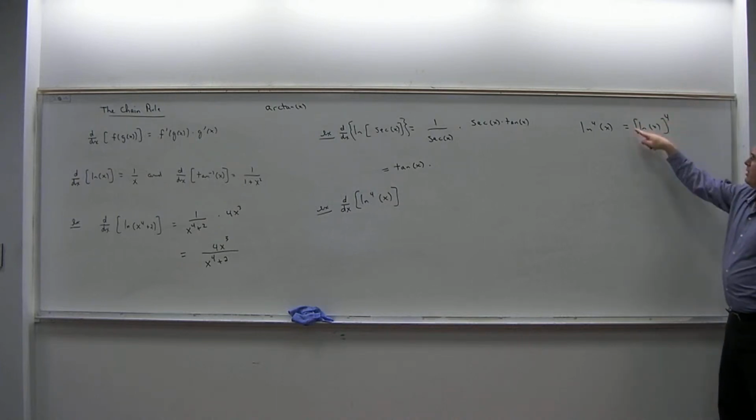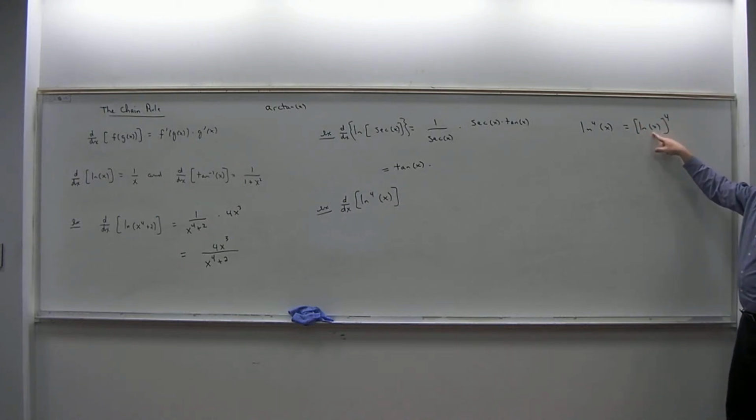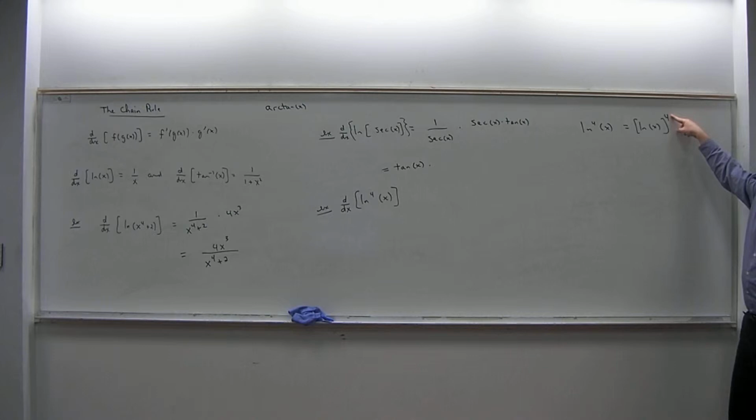And in this format, we can clearly see the inside function here is the log x. So that's different from the last two examples where the outside function was log x. Here the inside function is log x, and the outside function is the fourth power.